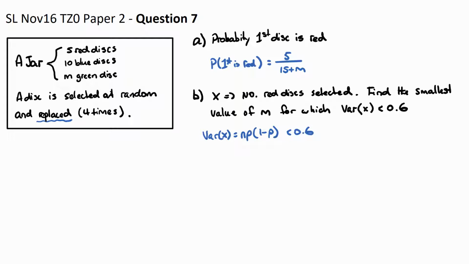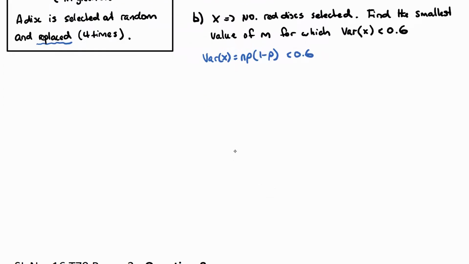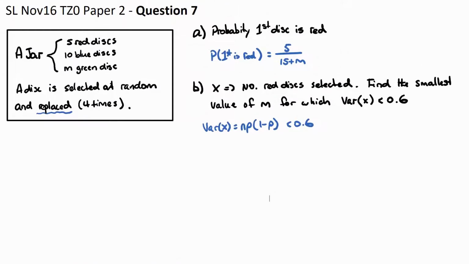So let's substitute in what we know. n is 4, the number of trials, so it's going to be 4 multiplied by the probability of selecting a red disc, which is this fraction up here, 5 over 15 plus m, and then 1 minus this, well, we can work out by making 1 be 15 plus m over 15 plus m.